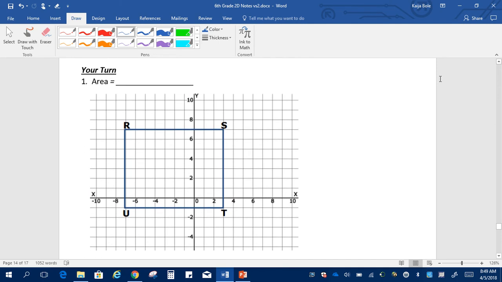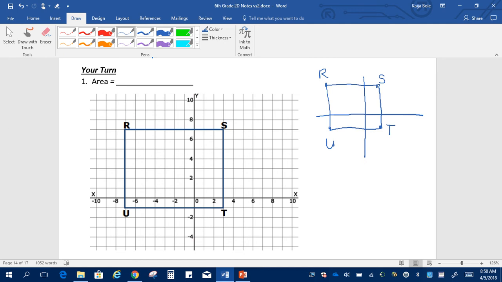What I'm going to do is put a rough sketch off to the side here of our picture. So go ahead, draw in our coordinate plane. This is S, down here we have T, over here we have R, and then this is U. Now first we're going to put in our ordered pairs.